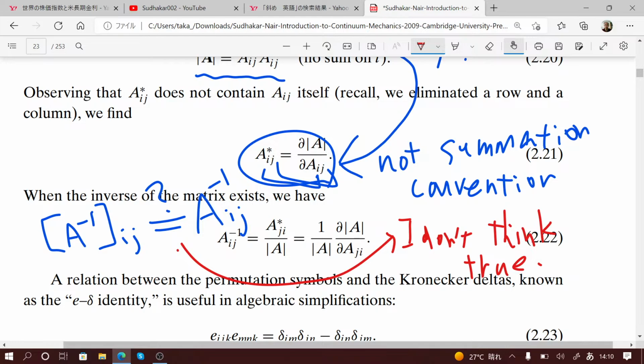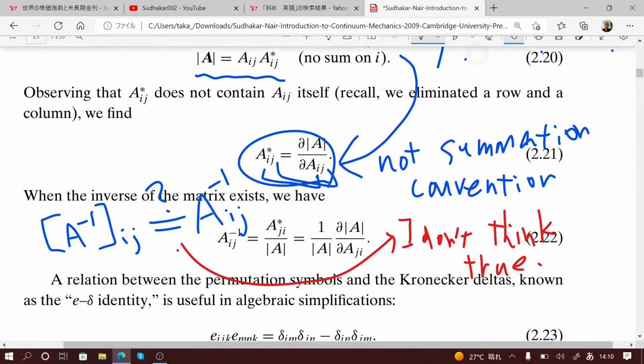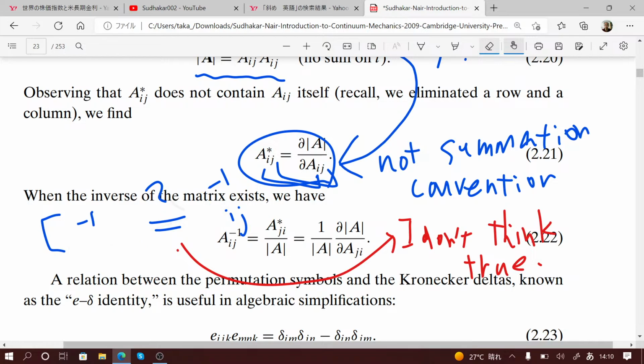When the inverse of a matrix exists, I think this is more like this. I would say this is better.